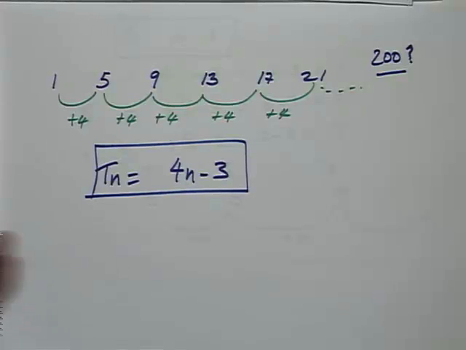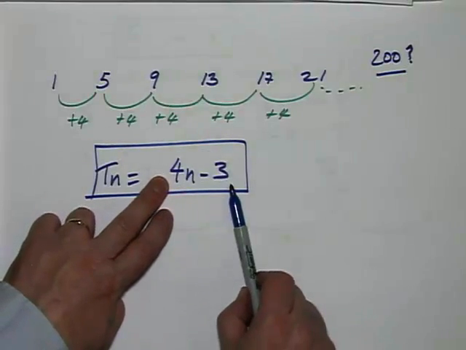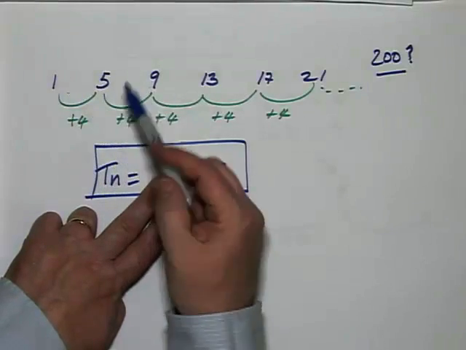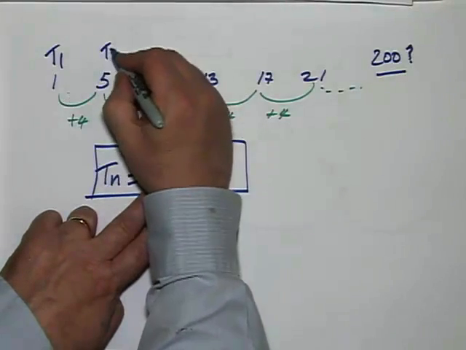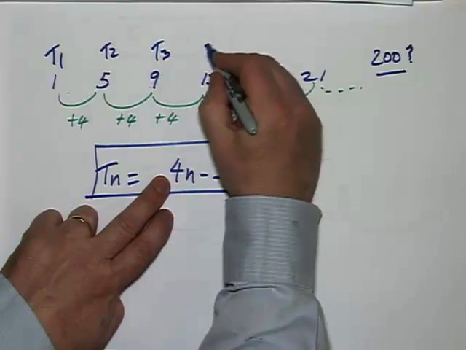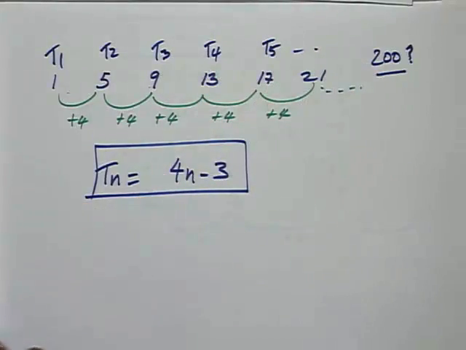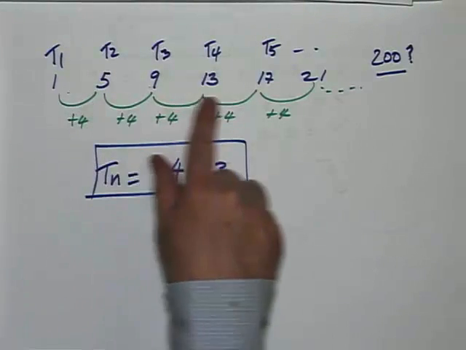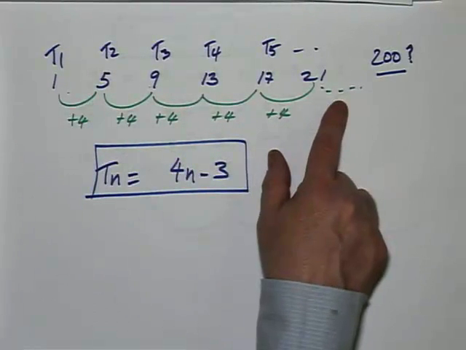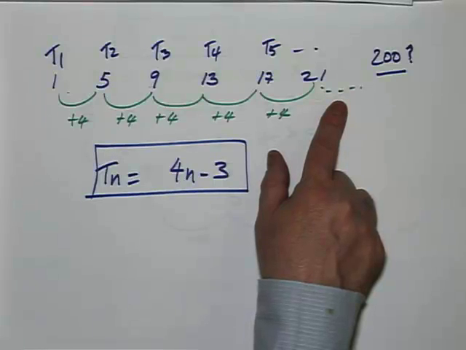Well, this is the value you get. It gave us 1, 5, 9. And by the way, will the sequence ever reach 200? Will 200 be one of the numbers on it? Do you think?